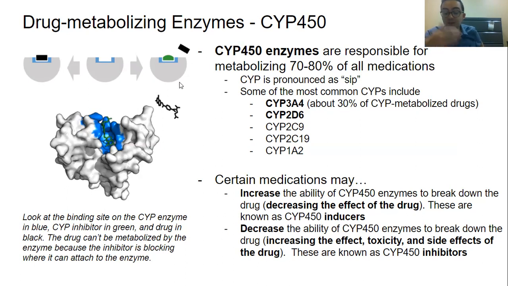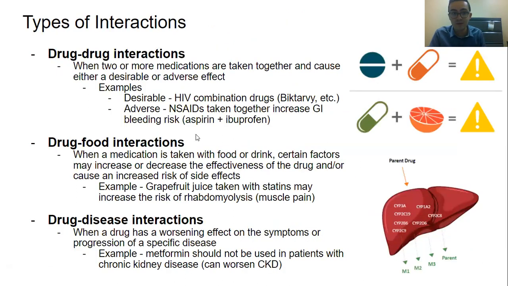That's why we might have more toxicity or more side effects, because you have greater concentrations of the drug that are not being cleared by that enzyme. You can't put two keys in one lock. So it is stopping that drug from being metabolized, and that's where we have problems with the inhibitors.